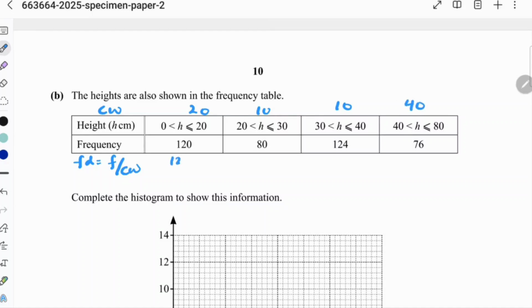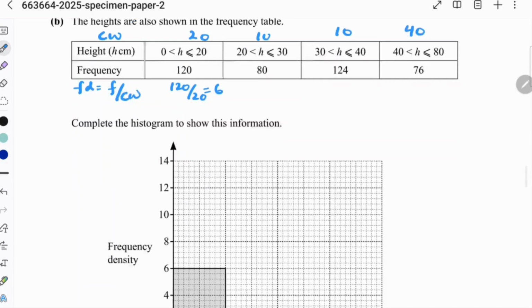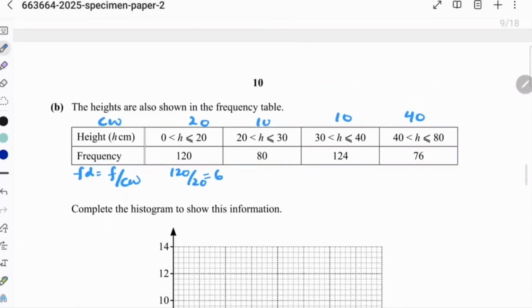Frequency over class width: 120 over 20 is equal to 6. 80 over 10 is equal to 8. 124 over 10 is equal to 12.4.